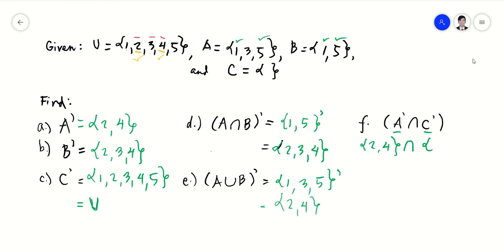That means all of the elements in the universal set. So that's 1, 2, 3, 4, and 5. So now the operation between the two sets is intersection. We're looking for the commonality, which are 2 and 4. So our final answer would be 2 and 4.